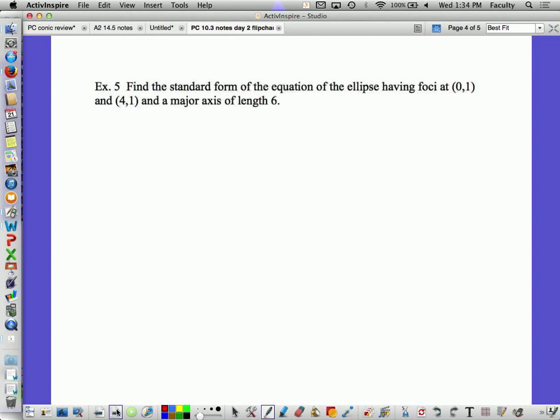All right, example 5. This one's an awesome problem. I really like this one, and there are some on the homework like this. It says, find the standard form of the equation of the ellipse having foci at 0, 1, and 4, 1, and a major axis of length 6. So I want to give you a moment, and I want you to think about this and play the detective game. What do I know?